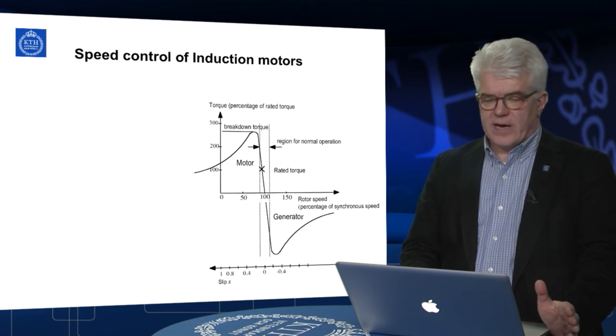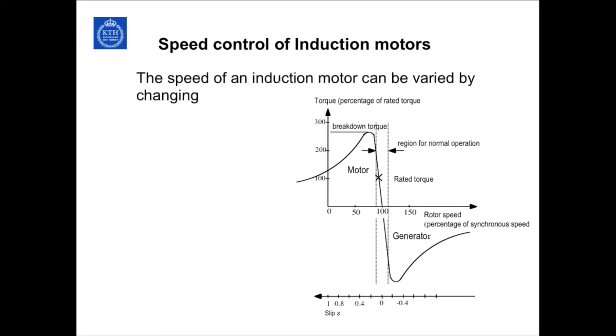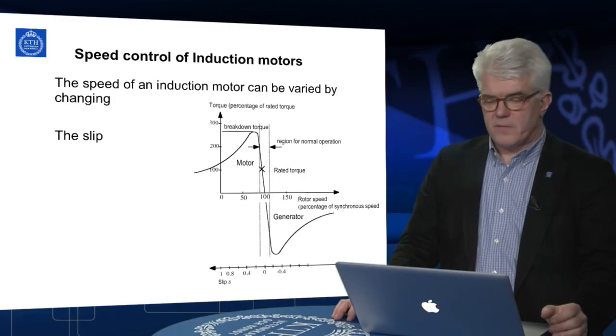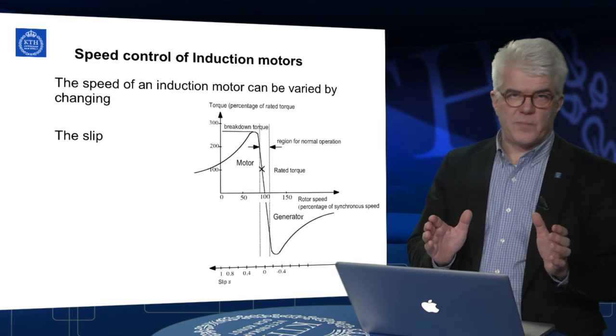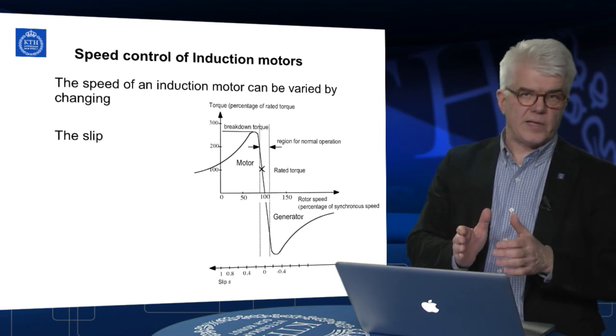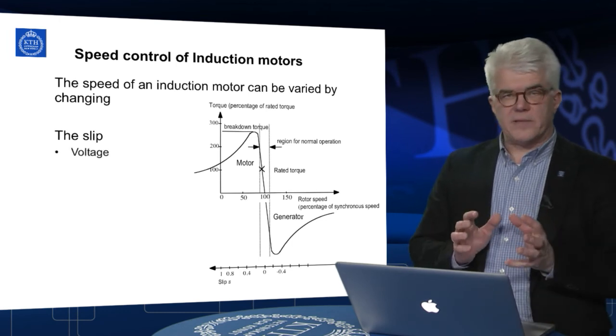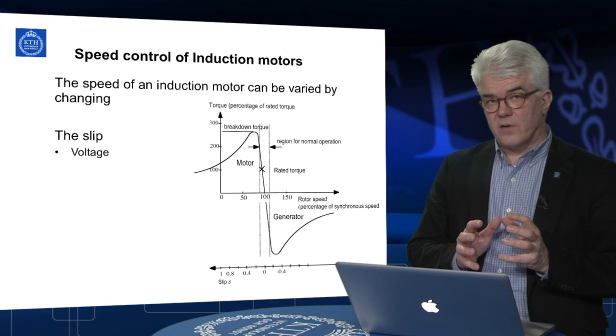Let's have a look finally at speed control of induction motors. We'll come back to that in the next lecture, but this is an introduction to different measures to control the speed of the induction motor. What we can do is, of course, change the slip, because we learned that the slip determines the speed of the rotor. If the slip is larger, we'll get a lower speed of the machine. We can do that, for instance, by changing the voltage.